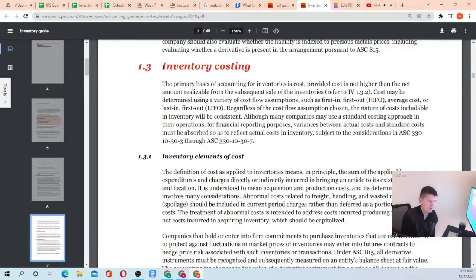Then we have inventory costing techniques.